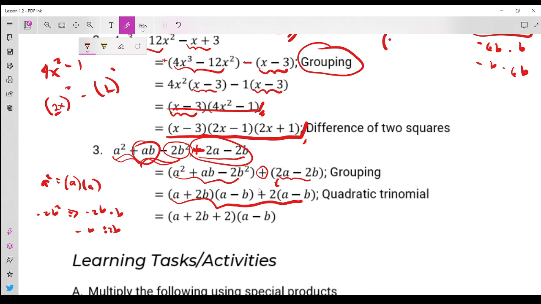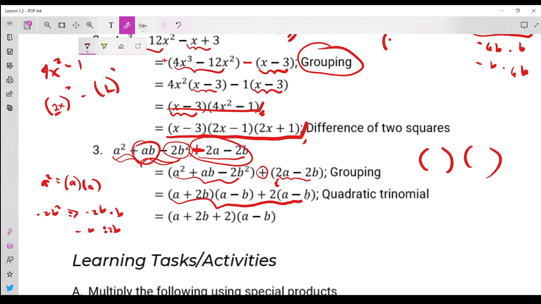Now, we will not stop here. Your final answer, class, when you are asked to factor, must be quantity times quantity. It should be a product. Factors, class, means the operation should be product. We will not stop here because we have a plus operation; the operation should be all multiplication. As you can see, for the first term we have a factor a minus b, and for the second term we also have a factor a minus b.